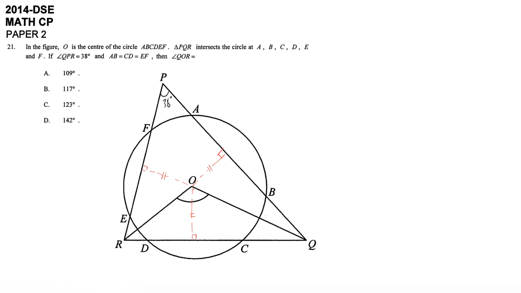So the situation looks a little bit like tangents from an external point. We focus on this part and find some congruent triangles.